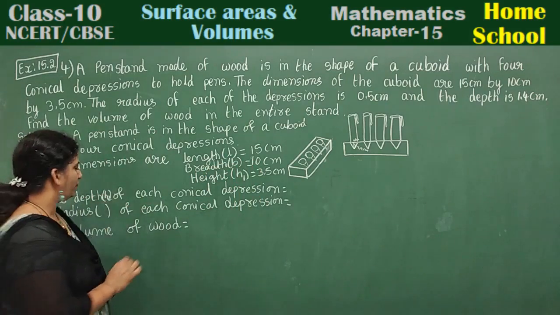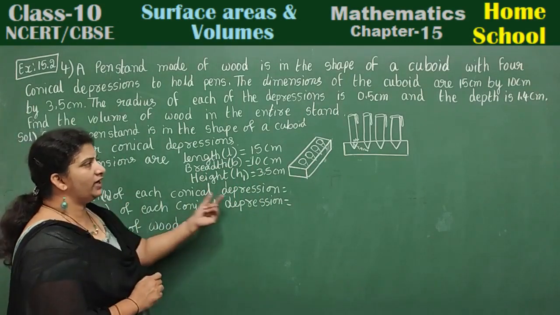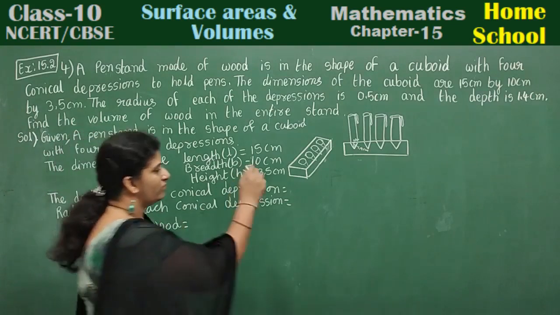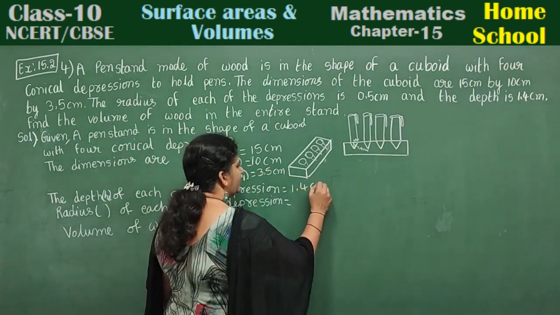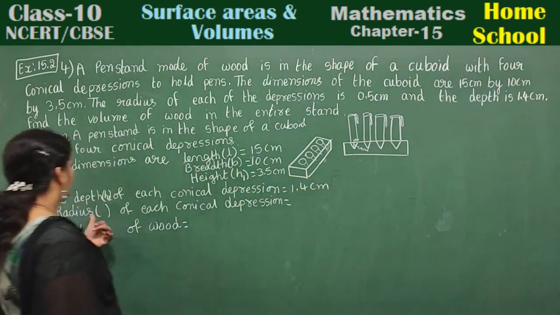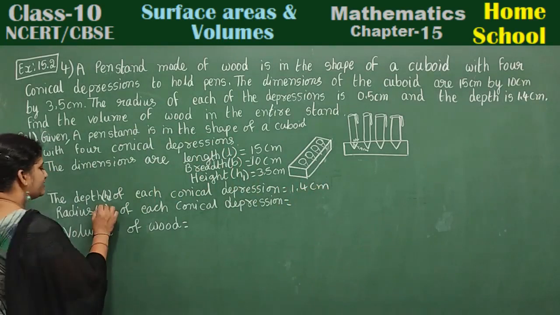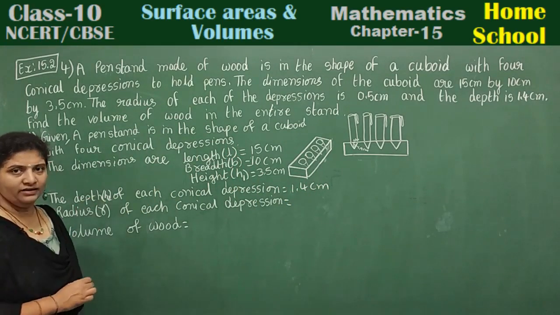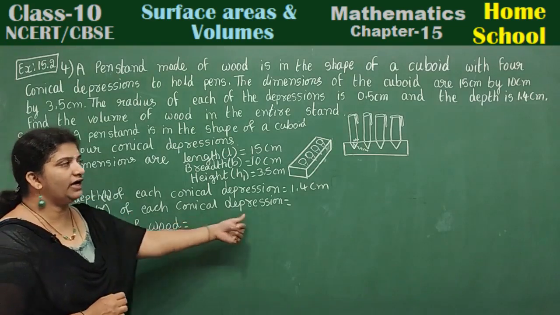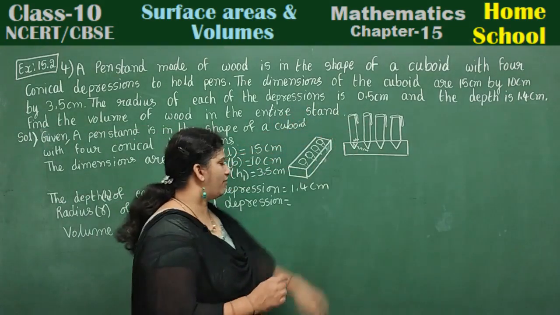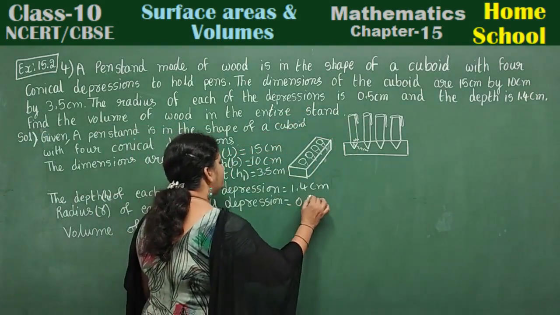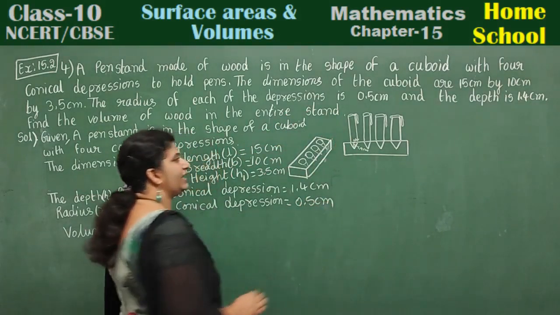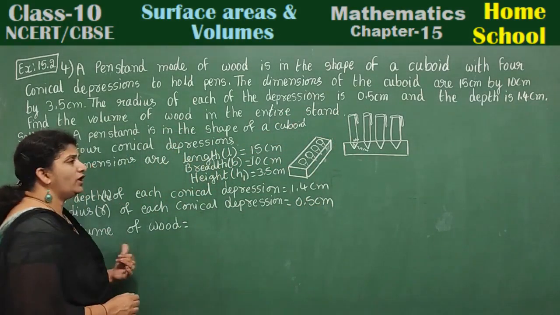Depth h2 of each conical depression is 1.4 centimeters. Radius is represented by r. Radius of each conical depression is how much? 0.5 centimeters.